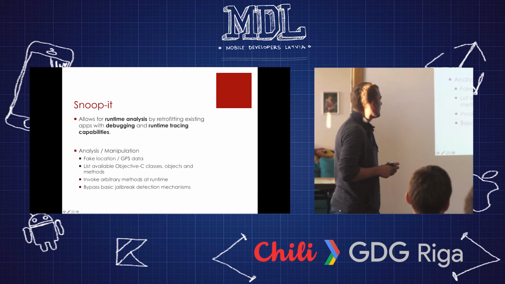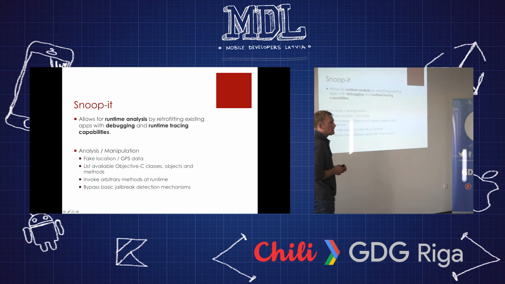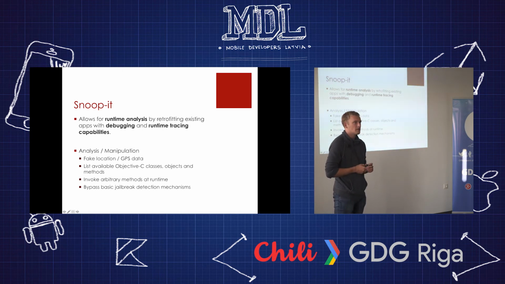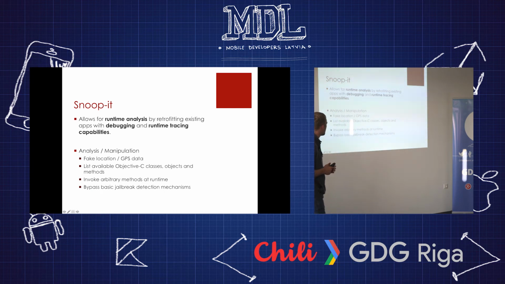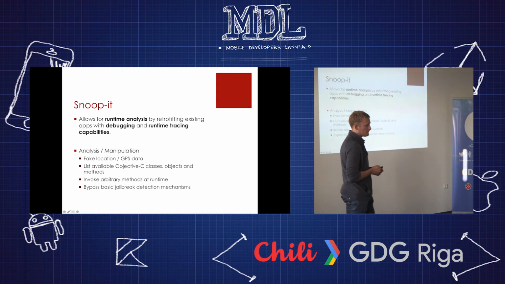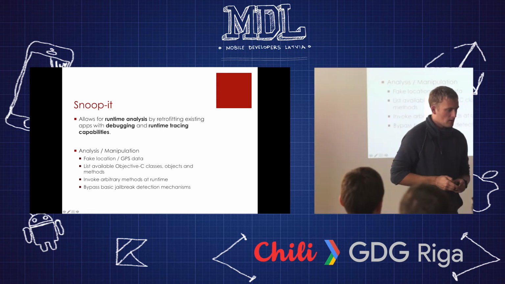I'm not really sure if this tool allows you to peek into actual method logic, but method headers can for sure be extracted. I'm going to try to demo that in a bit. And you can also invoke arbitrary methods at runtime, which is kind of cool, and even bypass jailbreak detection mechanisms, which might be interesting.